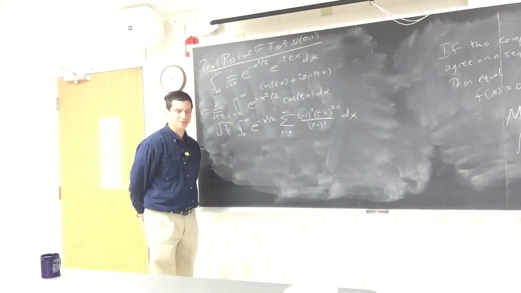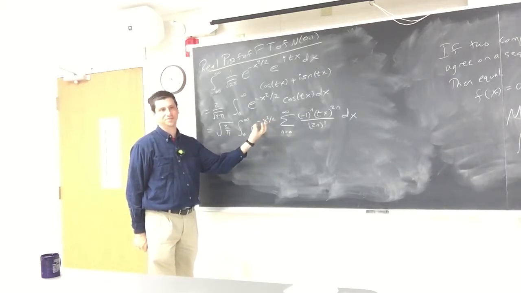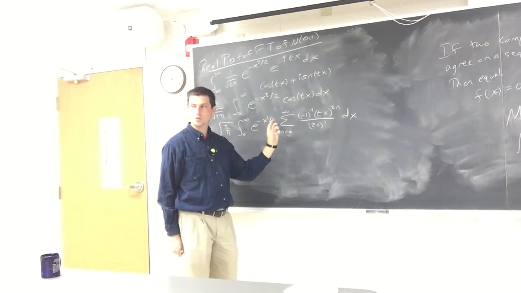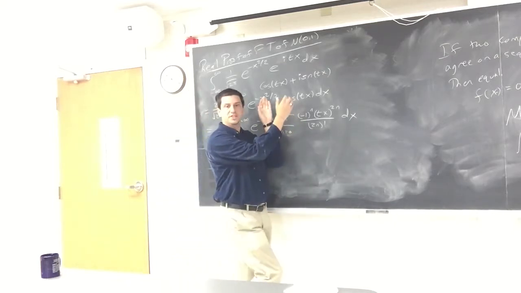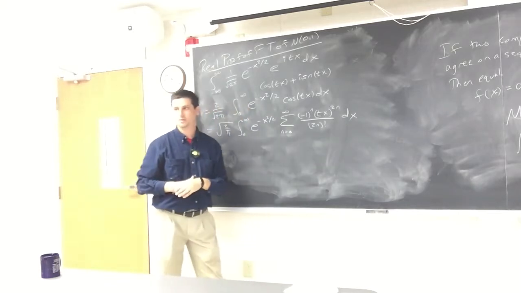What would you love to do at this point? When you have something like this, there's only one thing you can do. Switch. So to justify the switch, you have to show that the integral sum of the absolute values is finite. Then you can use Fubini's theorem.